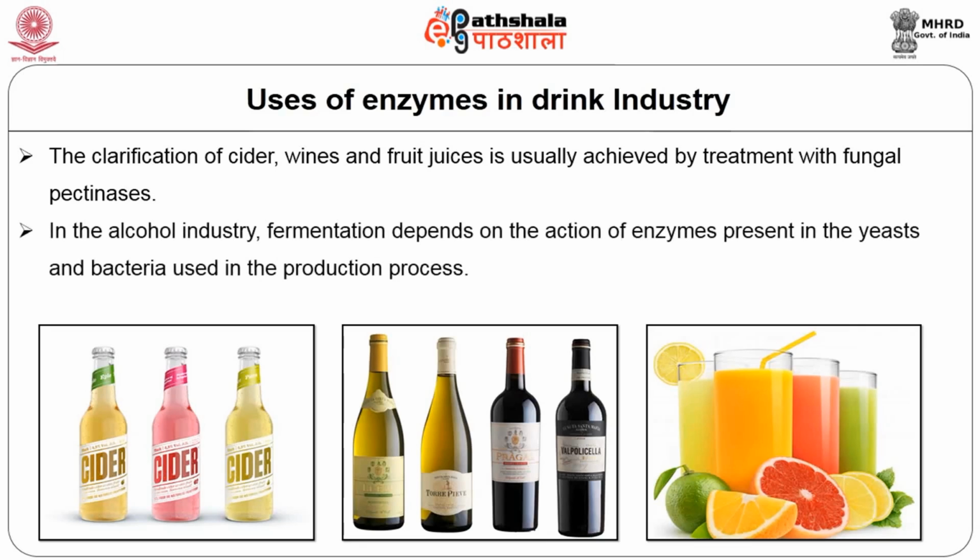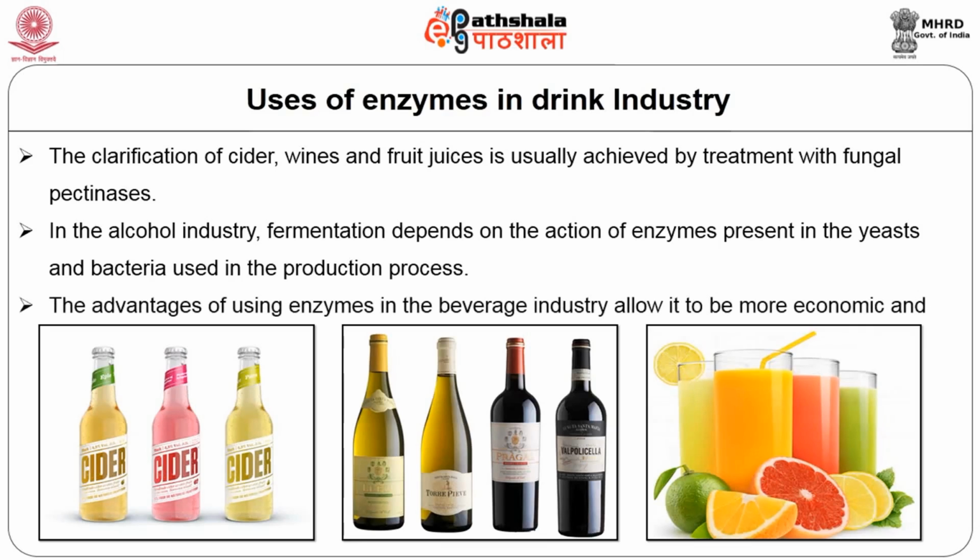In the alcohol industry, fermentation depends on the action of enzymes present in the yeast and bacteria used in the production process. The advantages of using enzymes in the beverage industry allow it to be more economic and have consistent quality.